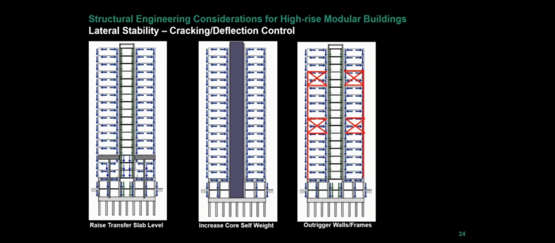So to get over the cracking issues that I discussed previously, we've done a few options. Like at College Road, we increased the level of the transfer slab. Now, that obviously sacrificed some apartments that may need to be fitted out on site, or what we do a lot of the time is move amenity from the roof down to the lower levels, put them into the additional areas. And when we push up the transfer slab, it keeps the lower part of the core in compression, reduces cracking and stiffens it up.